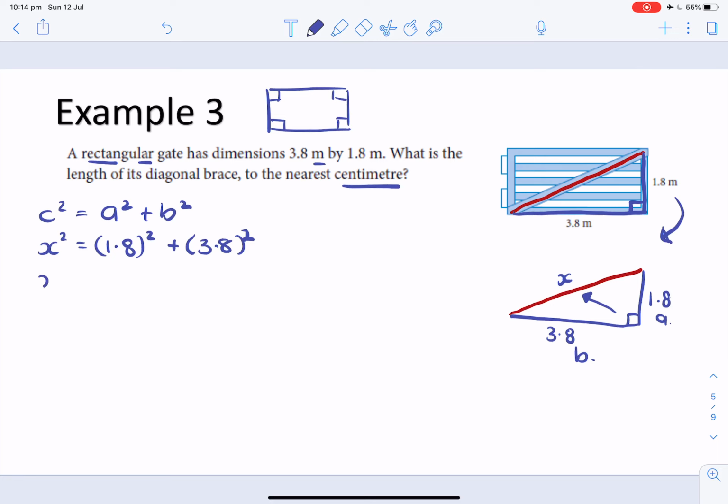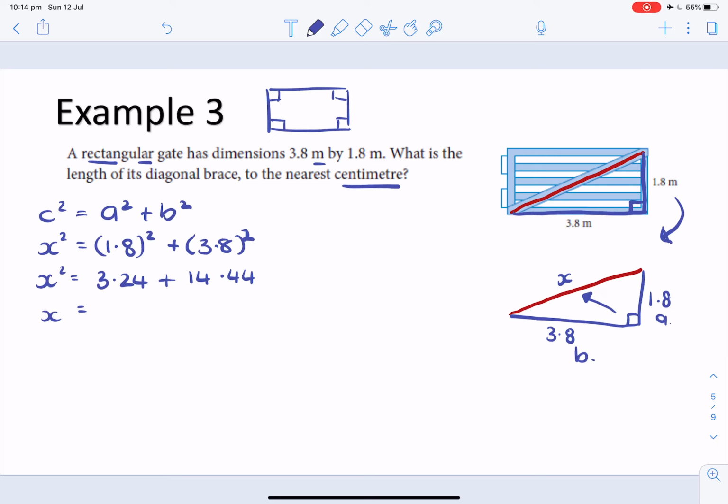Okay, so x squared is equal to 1.8 squared, which is 3.24. And then I'm using a calculator on the side as well. And 3.8 squared is 14.44.